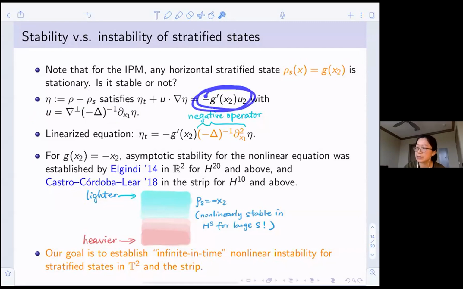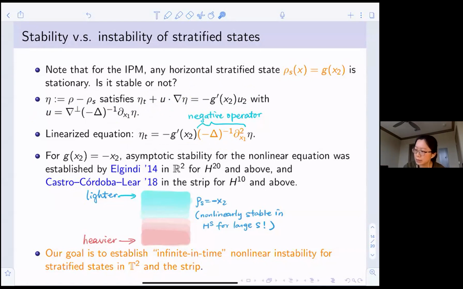However, there is an extra term that is contributed by this rho s. And so this is the fully nonlinear equation for this difference. If we linearize for a small eta, then this term is quadratic in eta, so it goes away, and the linearized equation looks like that.